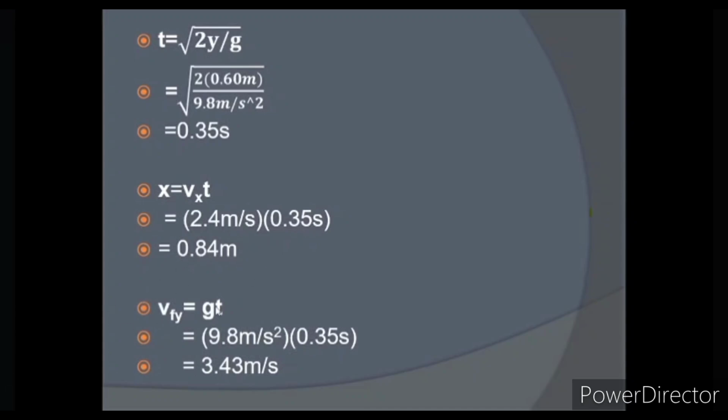Next, what would be the final velocity ng ating object sa vertical component? So, let's try to compute that. You have here your value of the gravity, which is 9.8 times the value of time, this is the 0.35 seconds. So, the answer would be 3.43 meter per second.